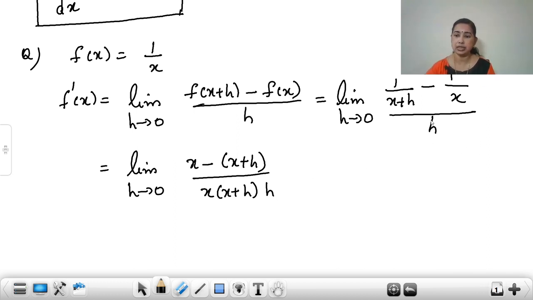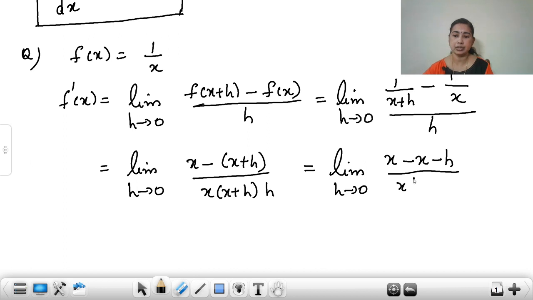Now opening the bracket, the limit as h tends to 0 of [x - x - h] by x into (x + h) into h.